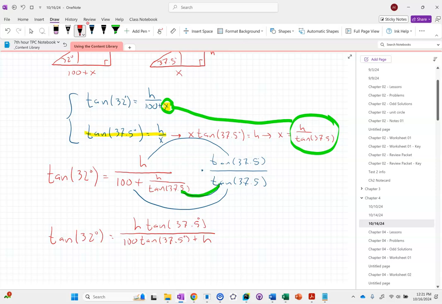The next thing I look at this and don't like is that I still have a fraction. So let's multiply both sides by 100 tan 37.5 plus h.